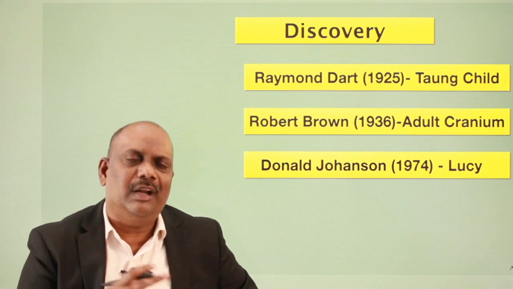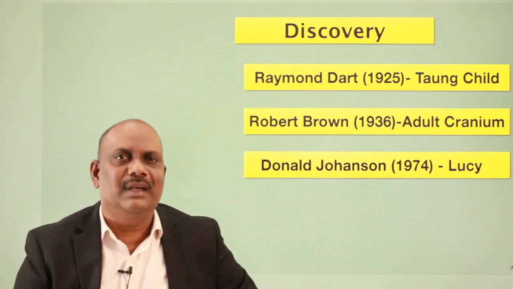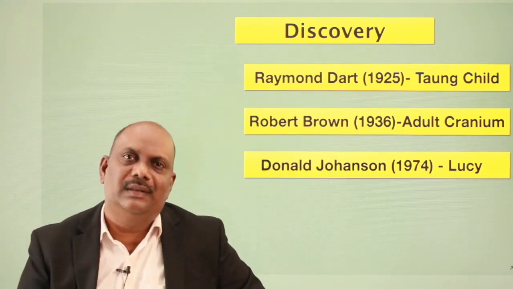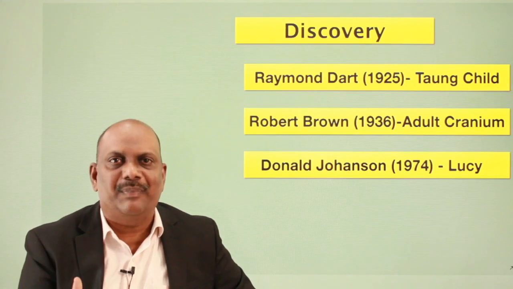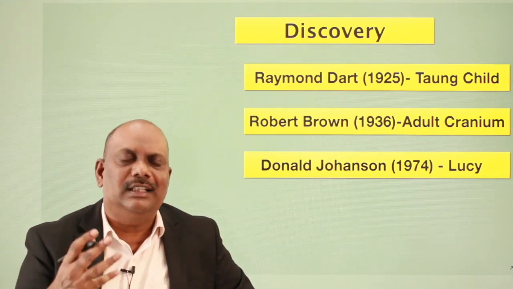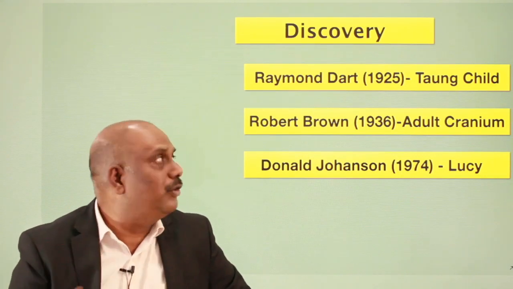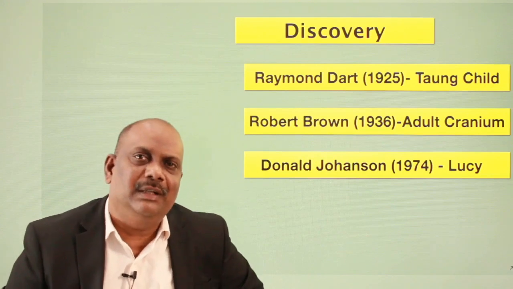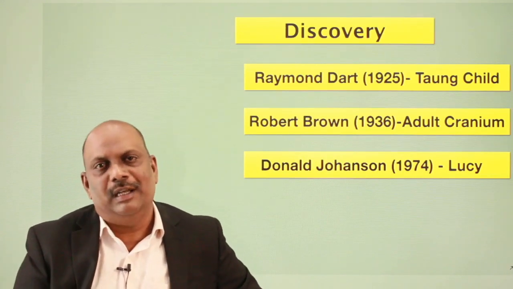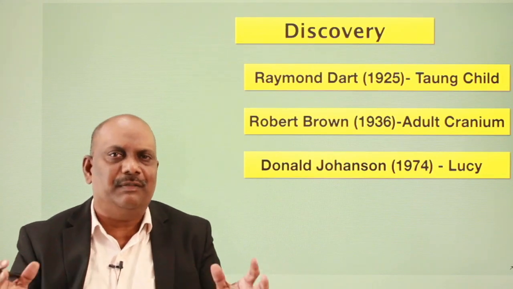It went to a number of places, it was displayed at many places, and finally it reached Raymond Dart through his student. His student found it somewhere in a home, and she thought that this particular thing should be a very important fossil, and she brought it to Raymond Dart, the very famous paleoanthropologist who was then working among a number of fossils. It was the fossil of a small baby.